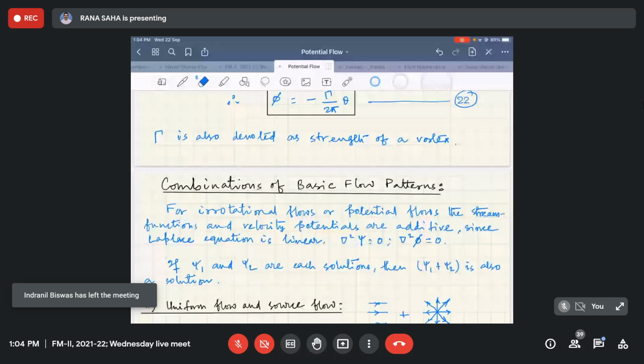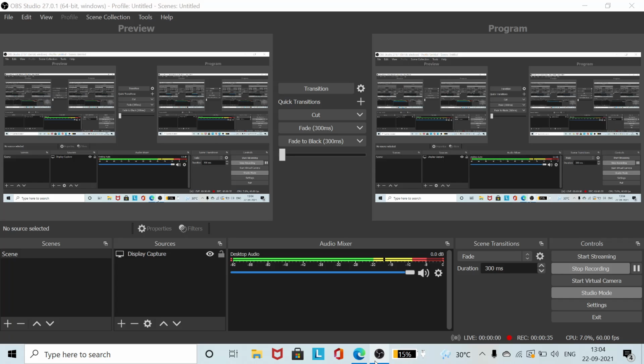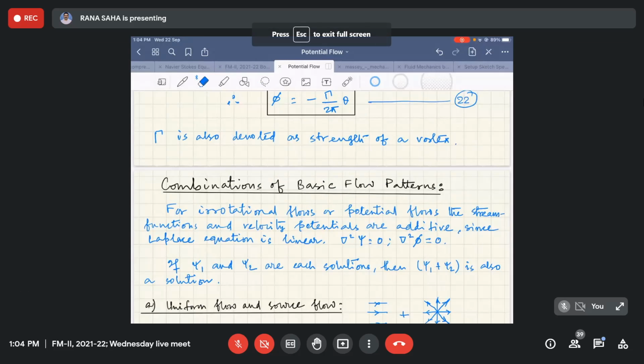We can add up two or more stream functions, which may reveal a flow pattern altogether.